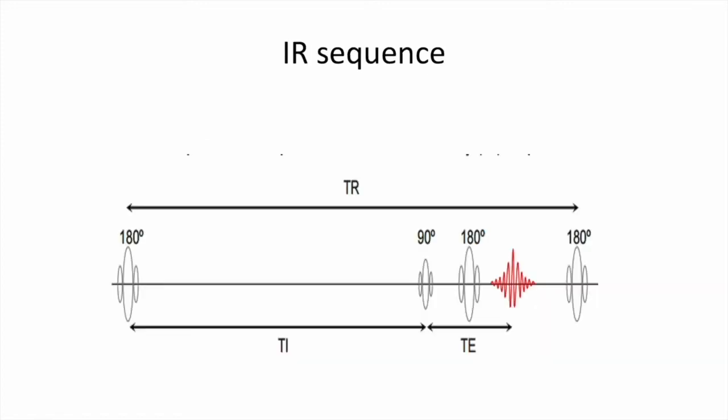The IR or inversion recovery sequence is a specialized spin echo sequence. Here, in addition to the normal 90-degree and 180-degree pulses that are used in a spin echo sequence, another inversion 180-degree pulse is used before the 90-degree RF pulse.